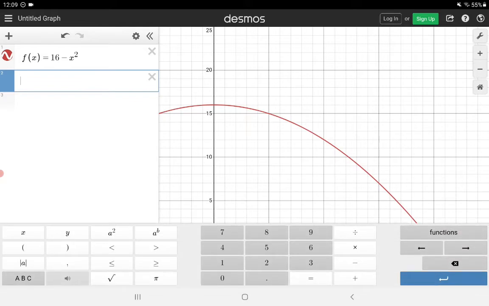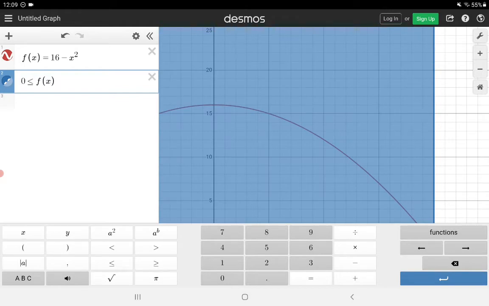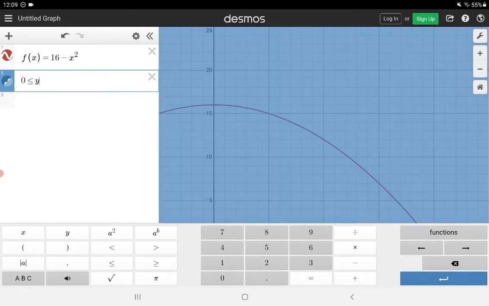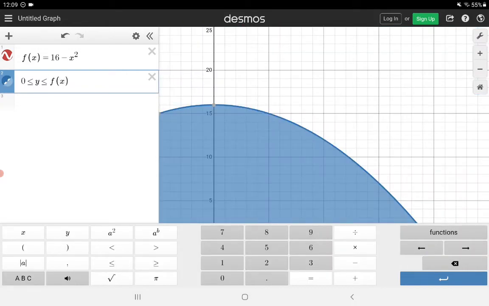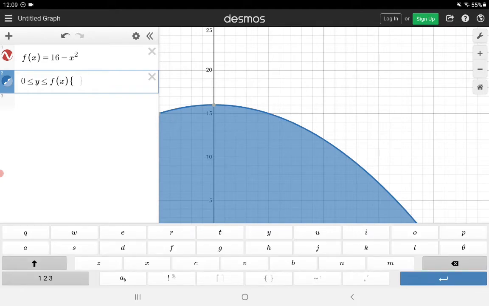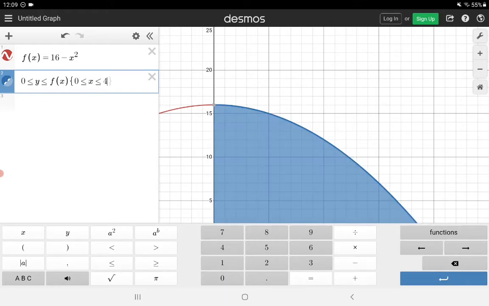And then I really want to graph just the area under that function. Whoops, sorry, I forgot a y there. I want to graph all the y values between 0 and f of x. And then I specifically only want to do that from 0 to 4 along x.